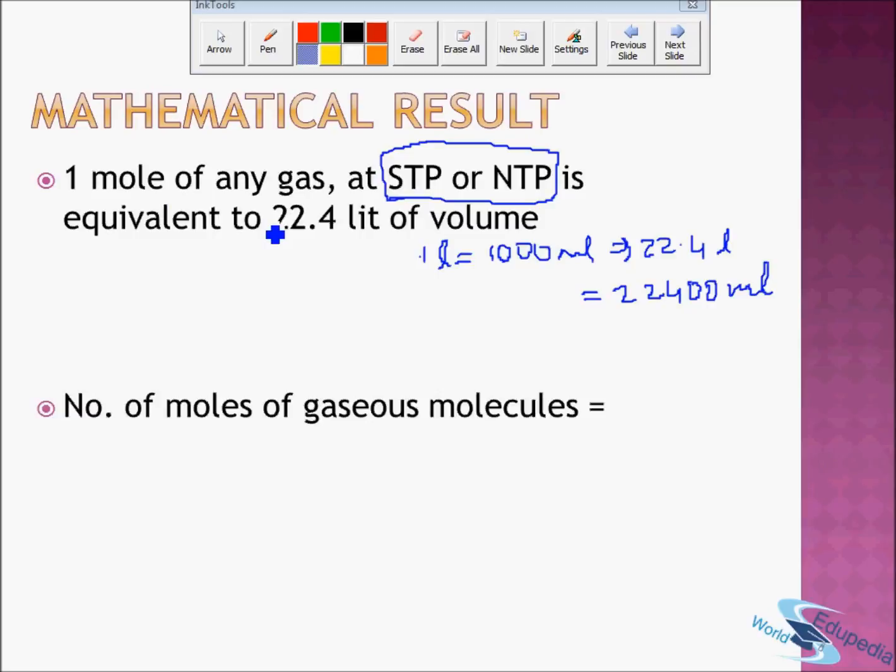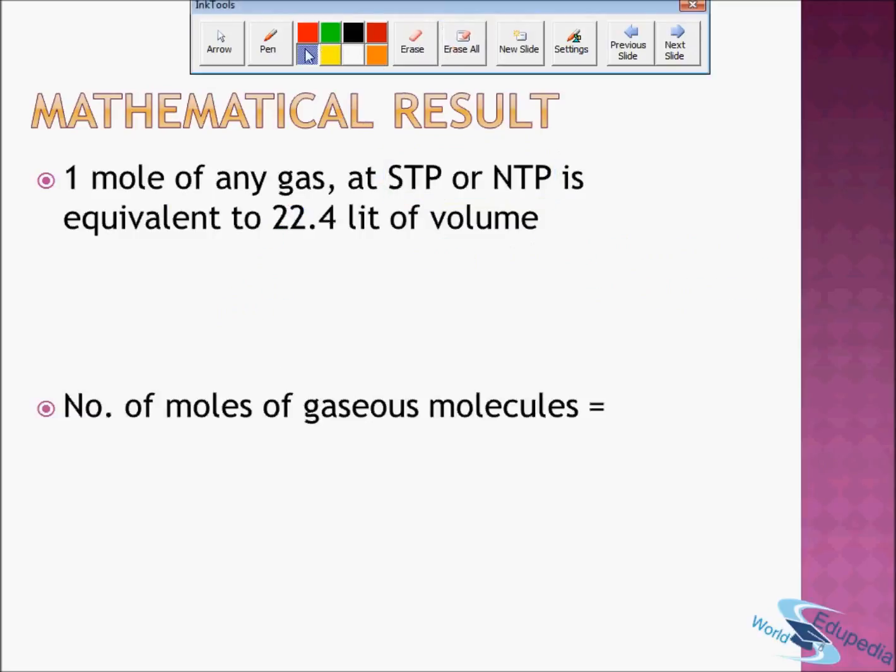From this we can derive a formula using the basic, simple unitary method. See, 1 mole of any gas at STP or NTP occupies 22.4 liter of volume.